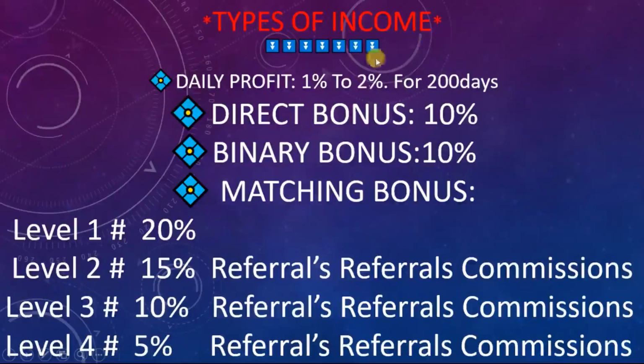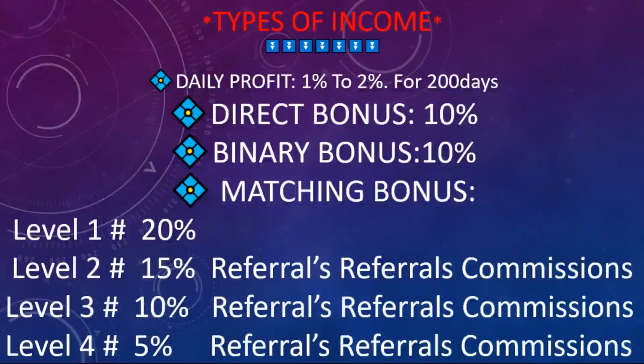Types of income. Daily profits on ROI, return on investment, 1 to 2% for 200 days. Direct bonus 10%, binary bonus 10%, and matching bonus. You must level and see both sides, left and right side.